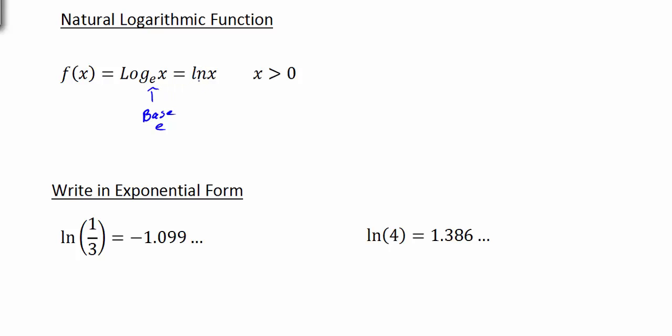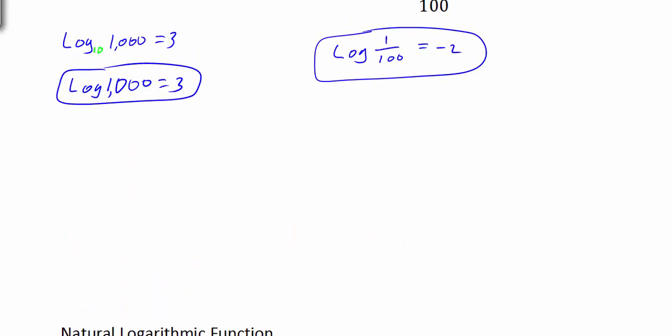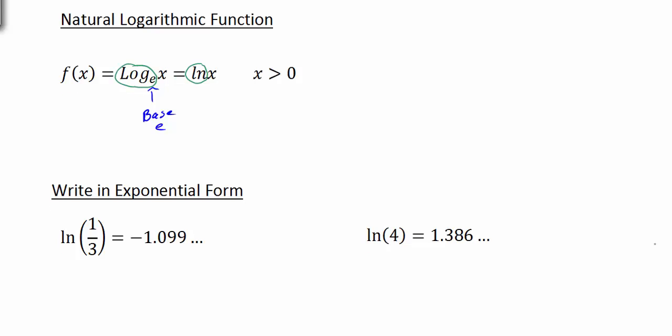Instead of writing log base e, as we do here, we simply write ln. When you write ln, it's understood to be log base e. So we just simply write ln of x. And again, this is not any different than what we were doing up above. It's just that now our base is e. Now remember, e is approximately 2.7.